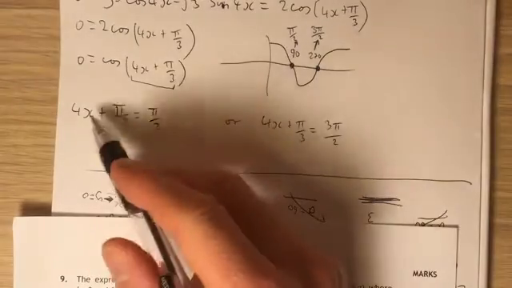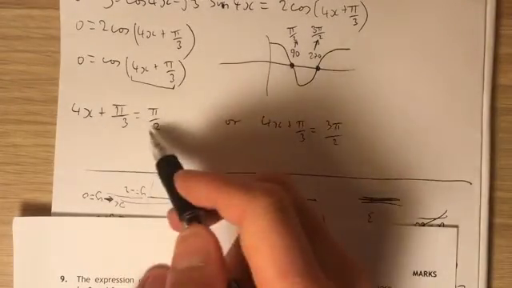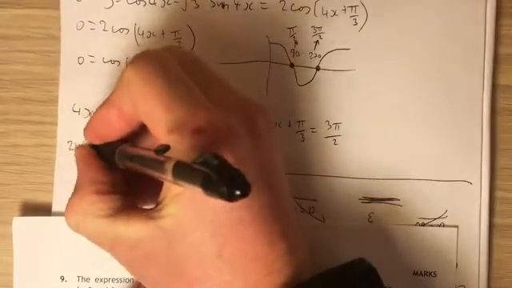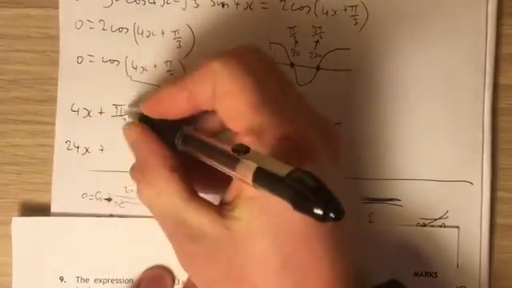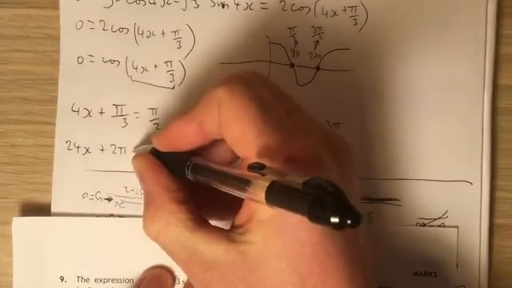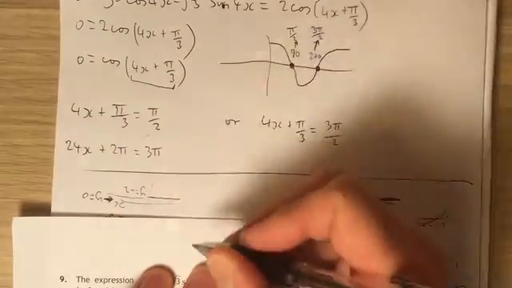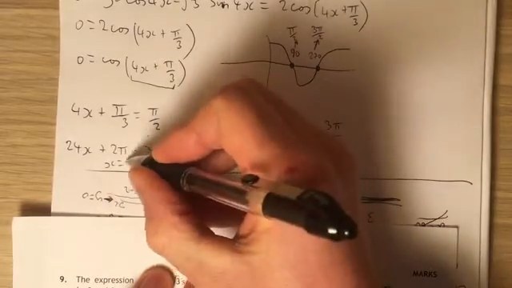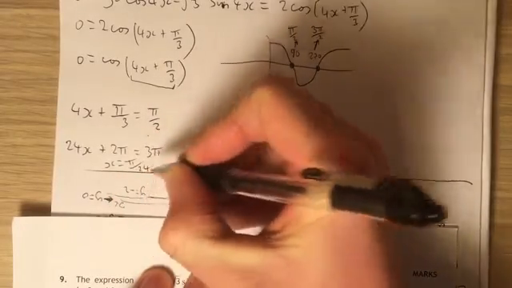Let's go ahead. I'm going to multiply everything by 6, that'll wipe out the fractions. 24x plus 2 pi equals 3 pi. So x would equal, take them away, pi over 24.